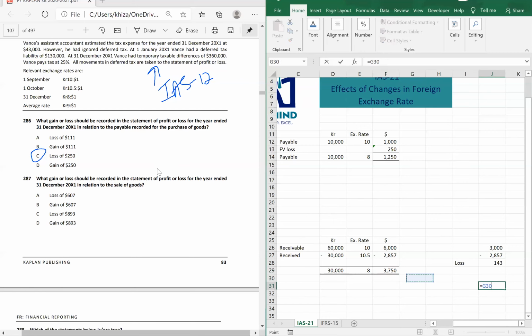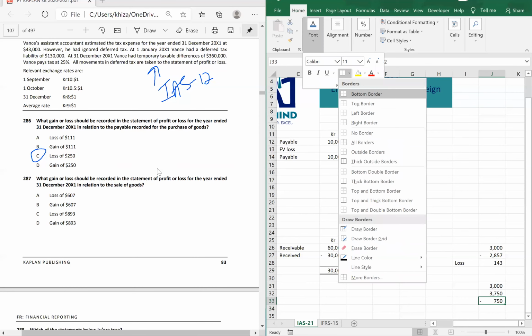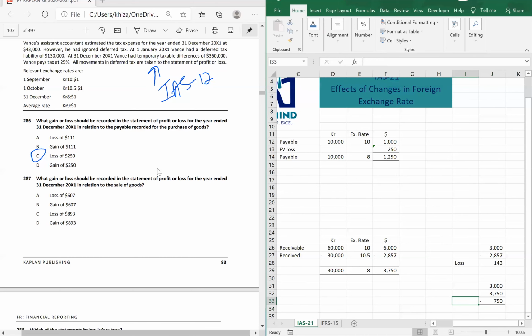Originally, when the receivable came into existence, this half was 3,000, and now it has been revalued to 3750. So basically, you're entitled to $3750, just because of the change in exchange rate. So this is a gain of 750.